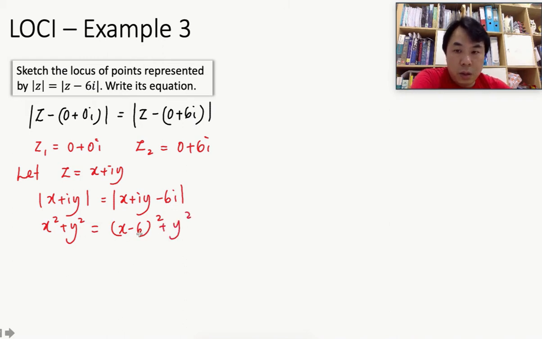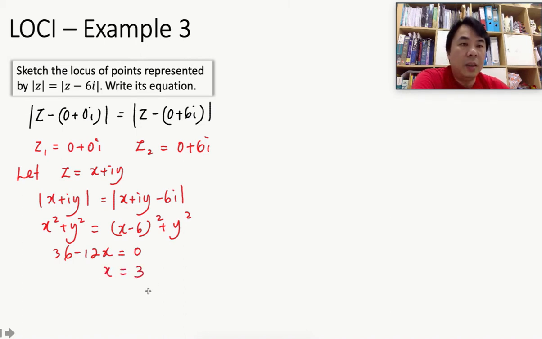And then indirectly we can cancel those terms as required. So all these terms have been cancelled. We are only left with 36 minus 12x equal to 0. Therefore, x is equal to 3.